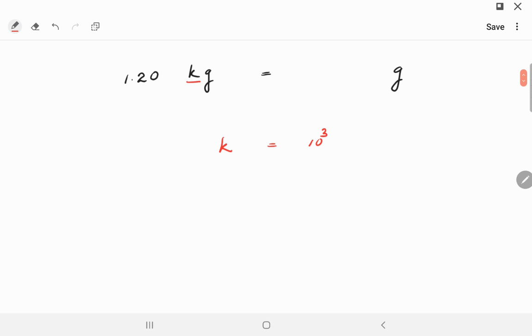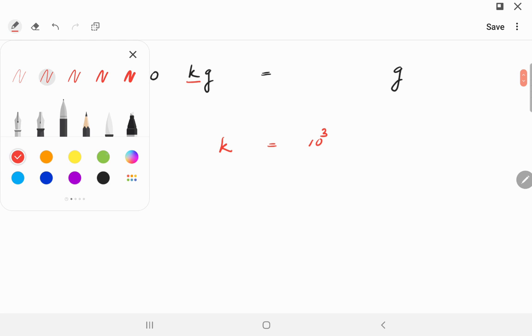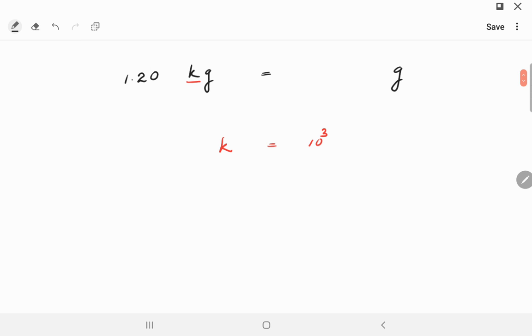So you can replace kilo with its numerical value, which is 10 to the power 3. So the answer will be 1.20 times 10 to the power 3 grams, which is the same as 1200.